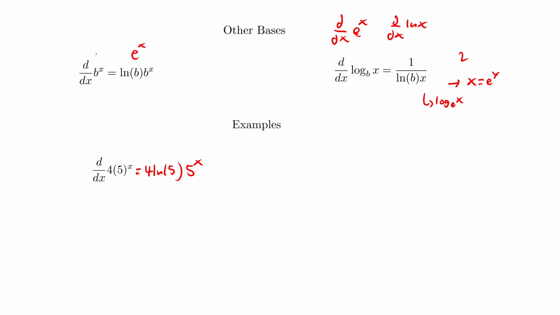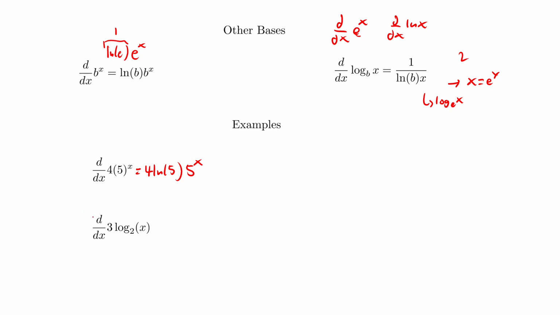If this was e to the x, this would be the natural log of e times e to the x. But the natural log of e is 1, so it's just e to the x. So this generalization works and is consistent with what we already have with the e to the x rule. So that's all you do for this.